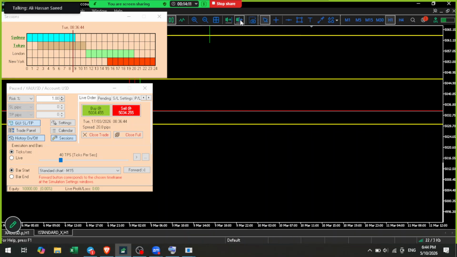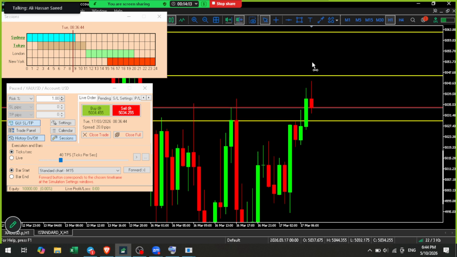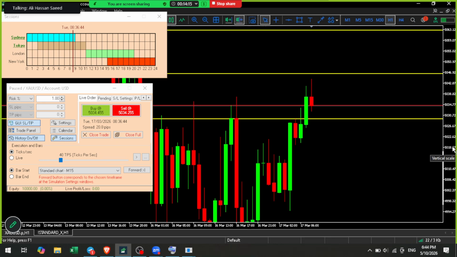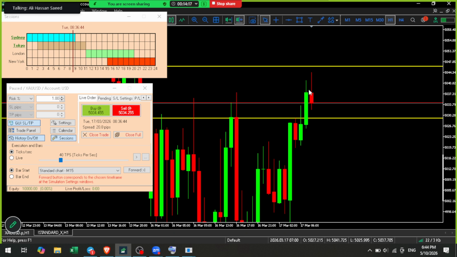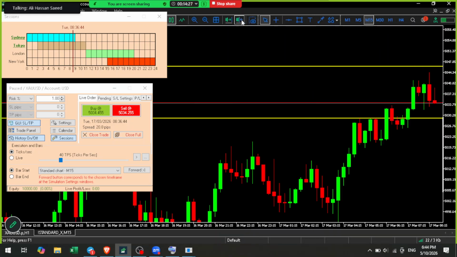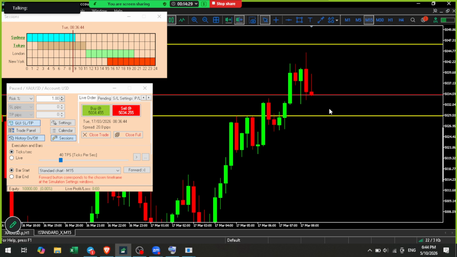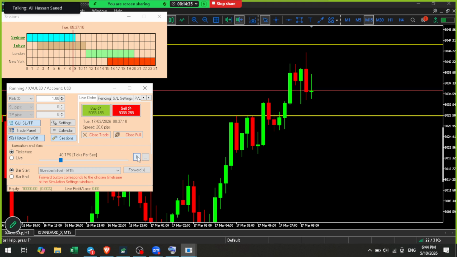So lastly, maybe in live trading or in the last simulation session, we saw that when price breaks the previous candle's high in the first 1-2 minutes and tries to break down, it pushes down till the end. So we will try to look for a sell, but I am not very confident in that scenario.